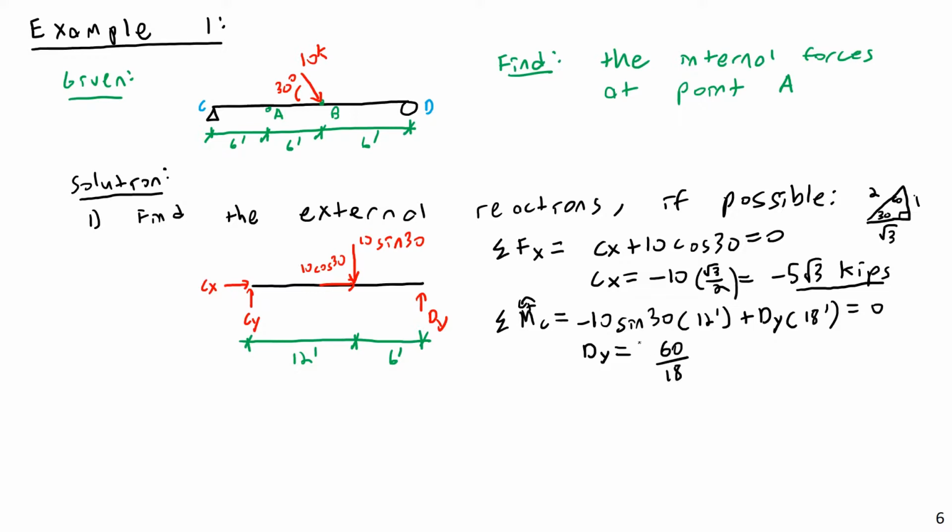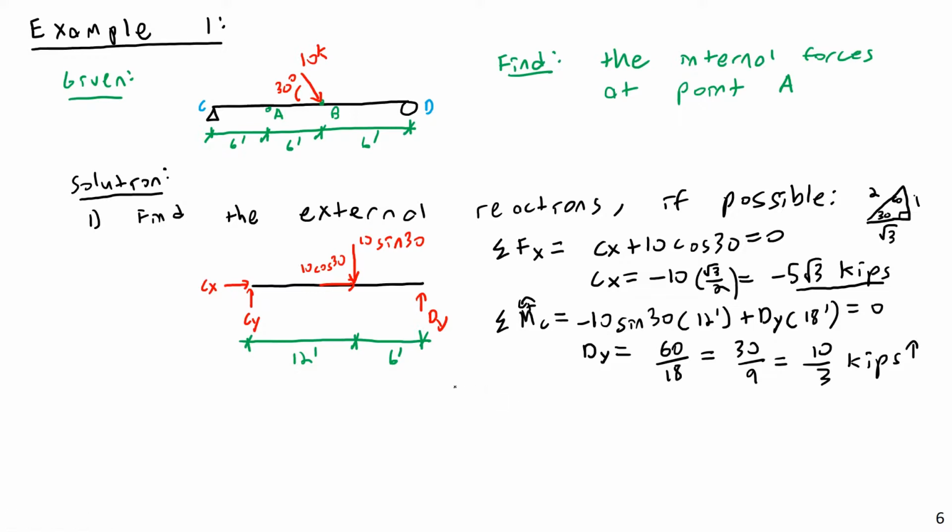So let me double check that. 10 times 0.5 times 12 divided by 18, and 60 divided by 18. And yep, 60 over 18. If I simplify that fraction, if I divide by 2, that's 30 over 9, or 10 over 3. 10 over 3 kips, and upward.